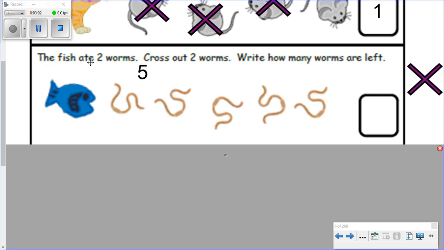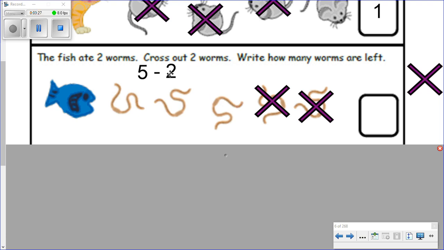Now let me go back in the story and it says cross out 2 worms. Let's cross out 2 worms. 1, 2. So remember when we cross them out, that means that we have done subtraction. So we minus 2.